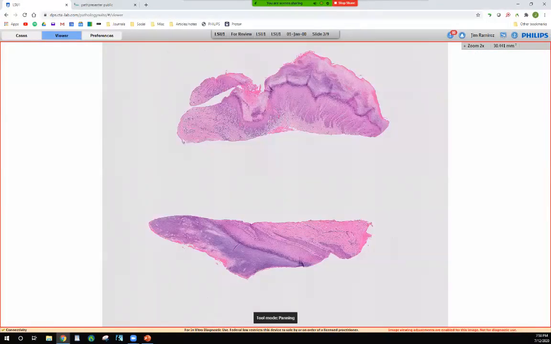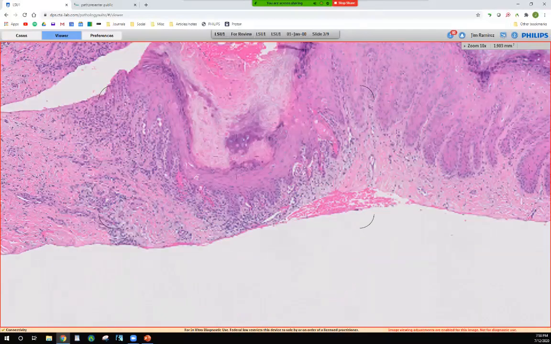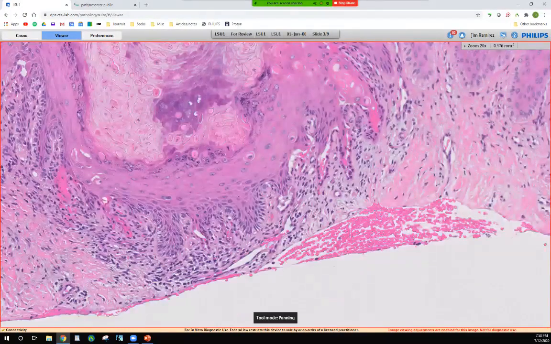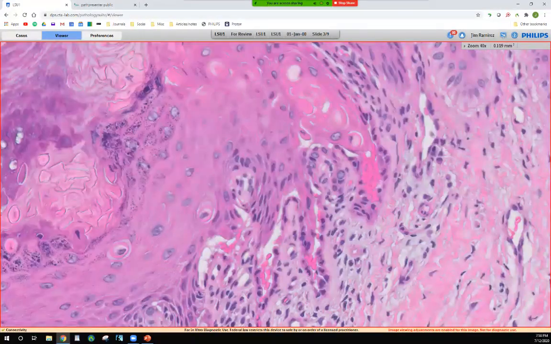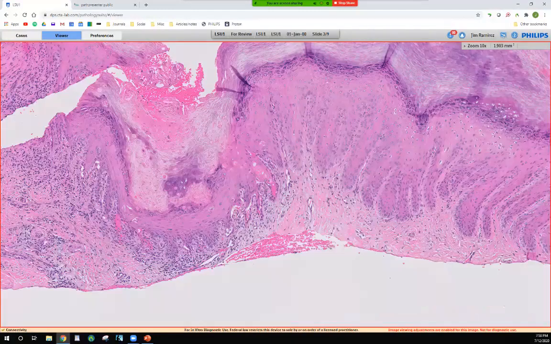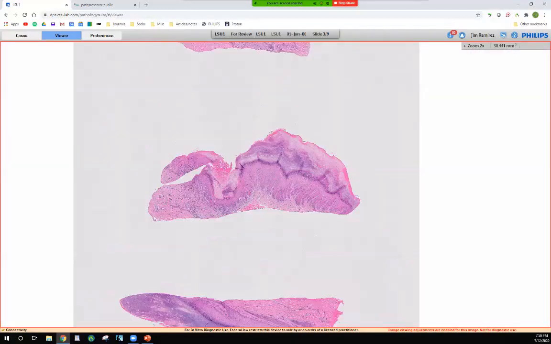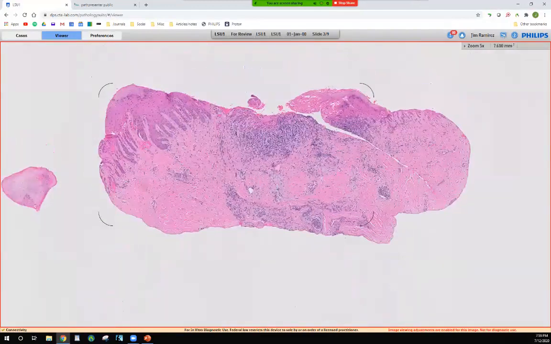And then they did a nice nail bed biopsy right here, which shows it much more nicely. This acantholytic dyskeratosis, some of the corps ronds, not quite as nicely developed as the case I just showed you, but still enough right here. Here's the acantholysis. Here's maybe a few corps ronds and corps grains right here. So very nice nail example of involvement by Darier's disease.